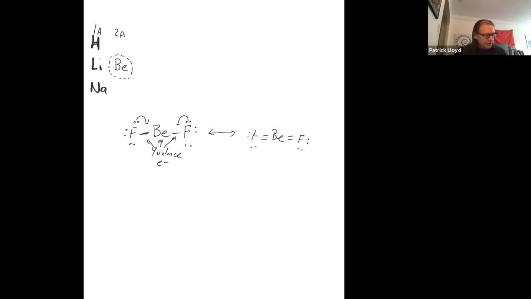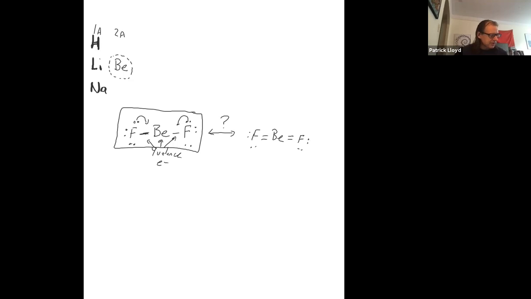But there's some evidence that this doesn't happen. So I'll put a little question mark there. So in general, the acceptable structure for beryllium is that it has 4 valence electrons and a covalent bond to each of the surrounding atoms. It does tend to have a valence of 2, meaning it forms a bond to 2 separate atoms. Okay, so that's the first one.